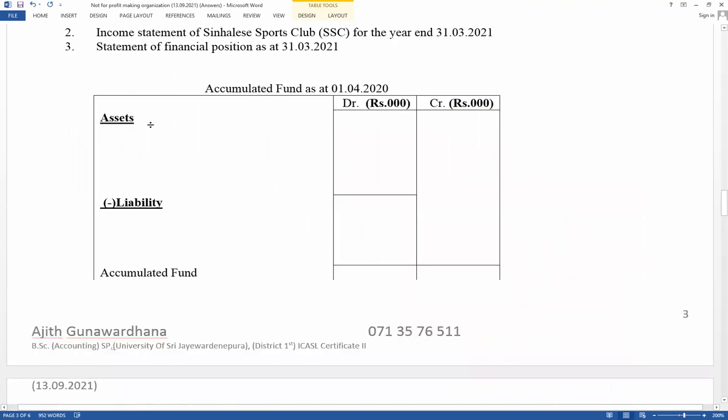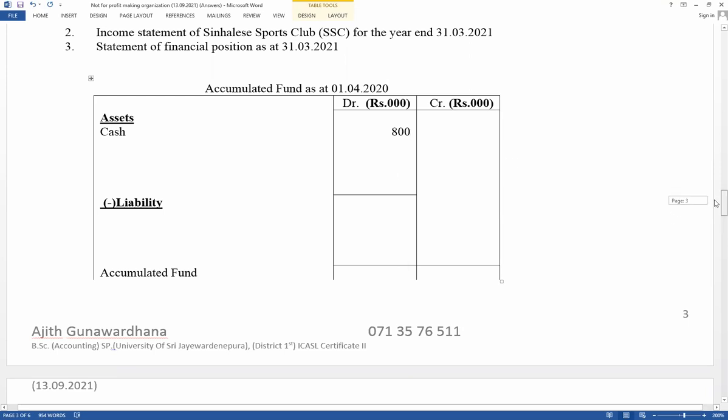Opening cash balance equals 800,000. Therefore, values in 1,000, only 800. Opening assets minus opening liability gives the accumulated fund.